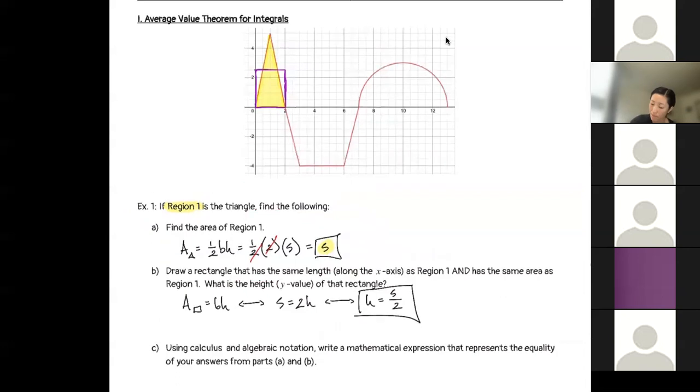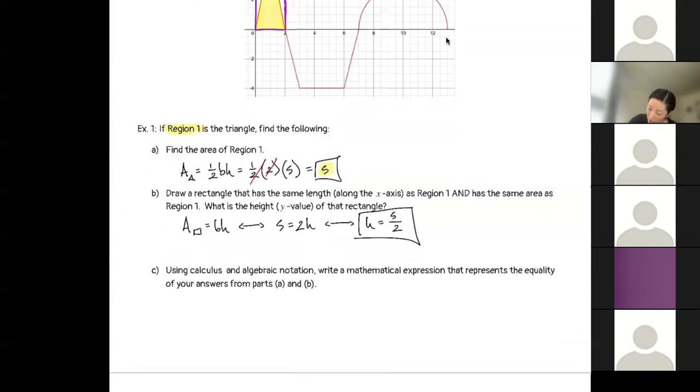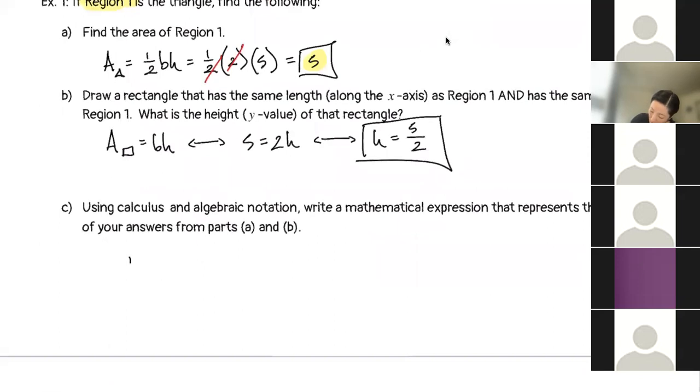So we don't know what this function is, but we can say generically that any function, we can say f of x or g of x, whatever suits our fancy. And so, yeah, I think that we could say that the area of region 1 is the integral from 0 to 2 of f of x dx.